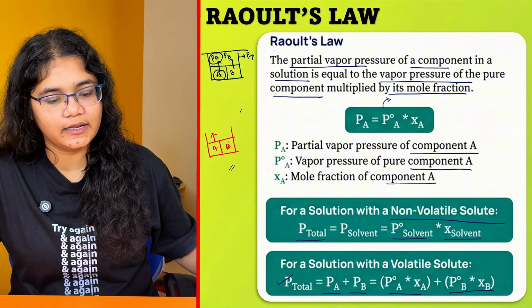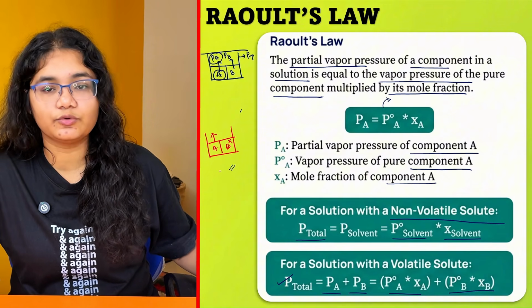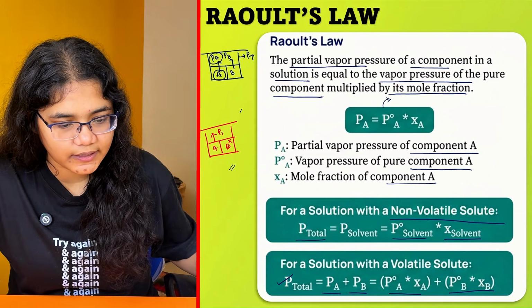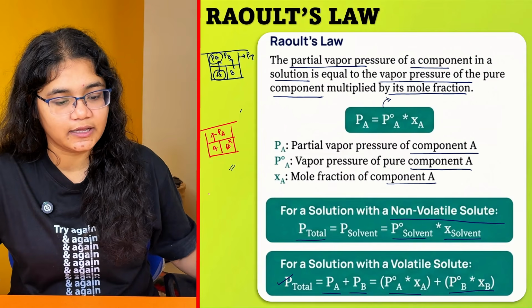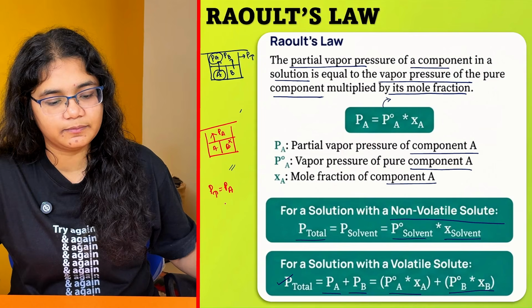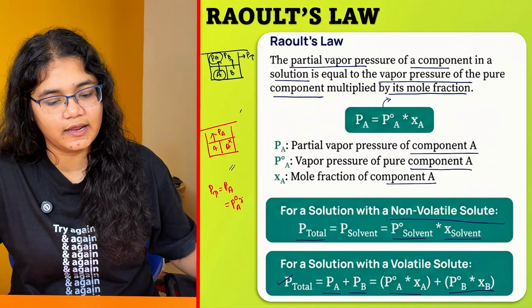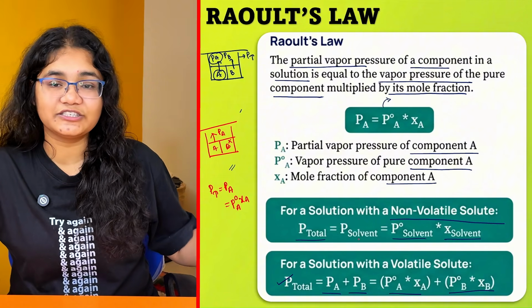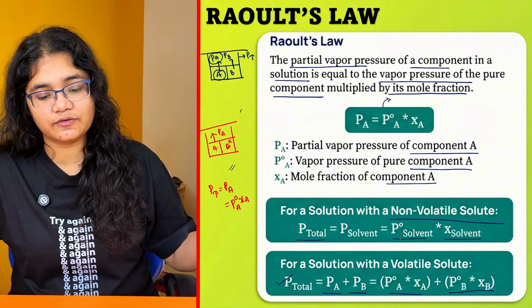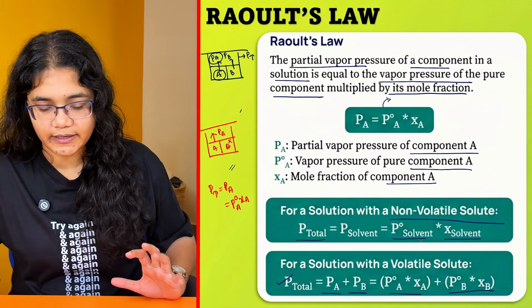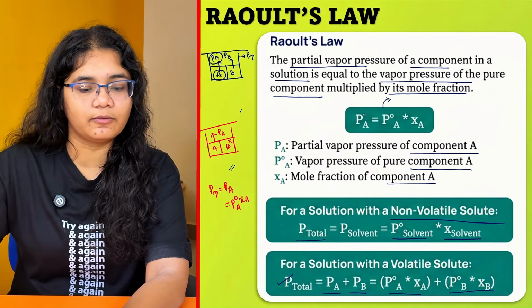A is evaporating, B is not evaporating. That means there is no PB, right? What is P total here? In this one you have only PA because B is not evaporating. So P total is equal to only PA. And what is PA? We have just discussed, P naught A XA. So when you have a non-volatile solute, P total is equal to the pressure of the solvent only. And the pressure of the solvent will be P naught of the solvent times the mole fraction of the solvent. Okay, so this is very important from Raoult's law.